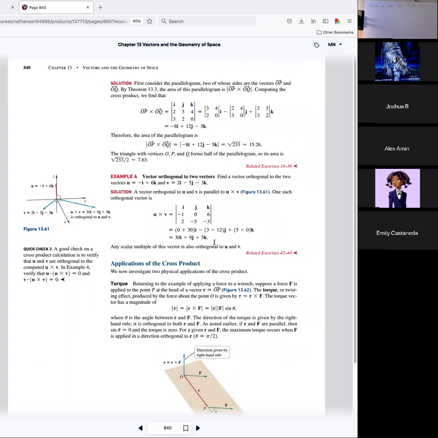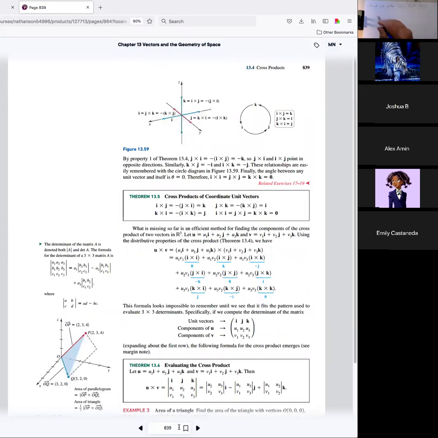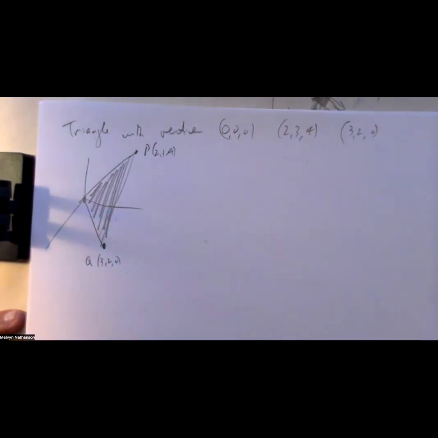So let me just try and sketch this. Let me get back to the picture. So somehow we have the origin, we have this point, which is called Q, and then we have this point P up in space, whose coordinates are 2, 3, 4, and this is the triangle whose area we want to find here.